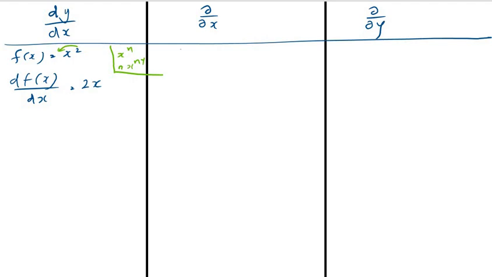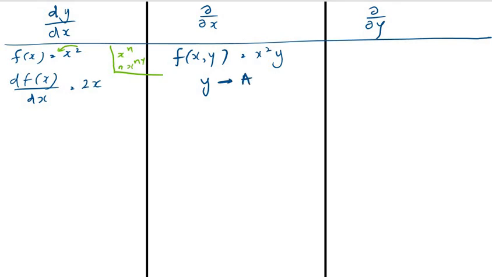For example, if it's f(x, y) is equal to x squared y. So if we were to do the partial derivative with respect to x, we assume y is a constant. So we'll say y is a constant a.